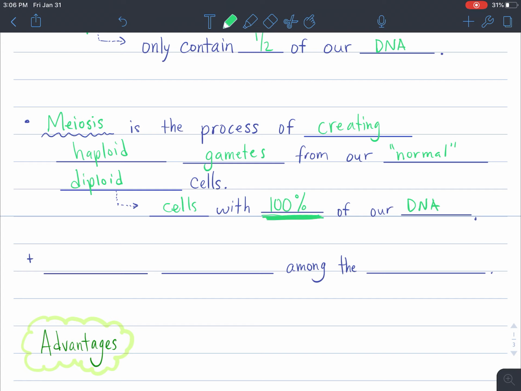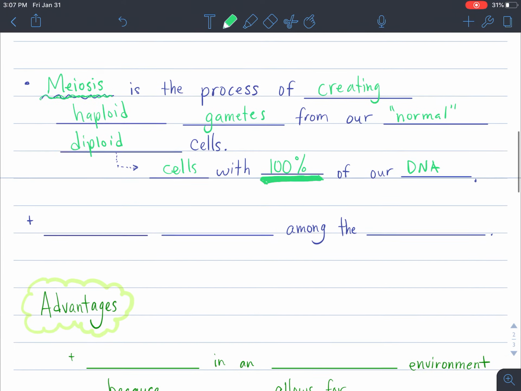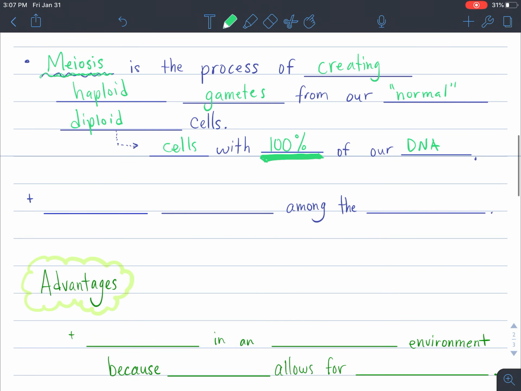And in order to separate our whole DNA in half, so we make sure we get exactly half of our DNA, so we have 50%, our cells go through this process that's known as meiosis. Yes, it sounds like mitosis, and it is very similar, but it's different. And we'll learn more about that as we continue on here, learning about genetics.